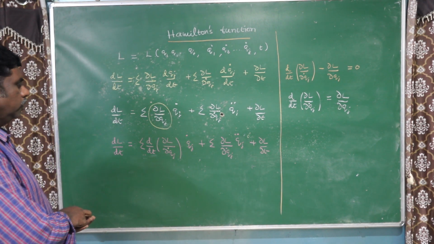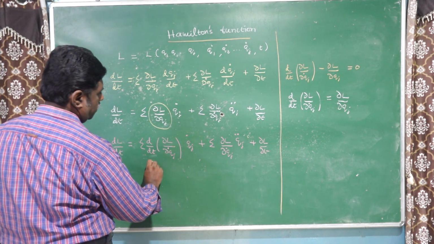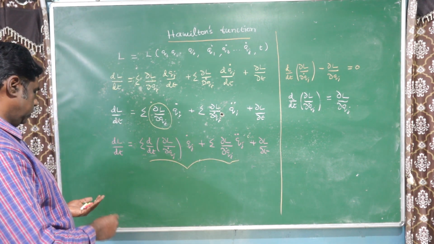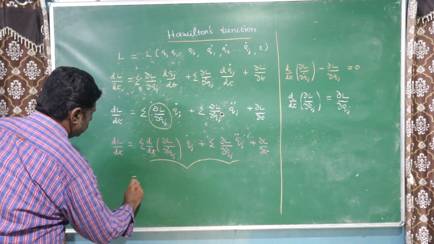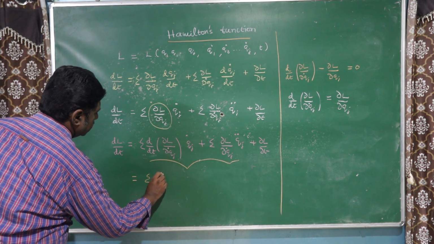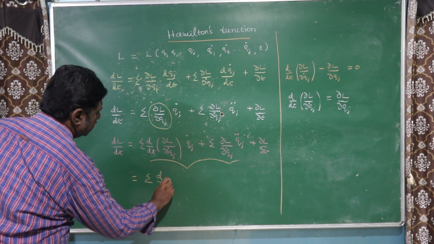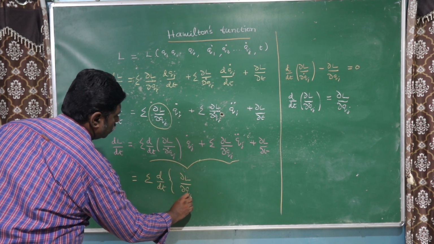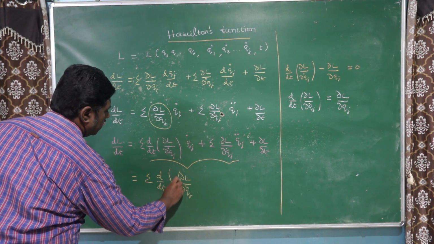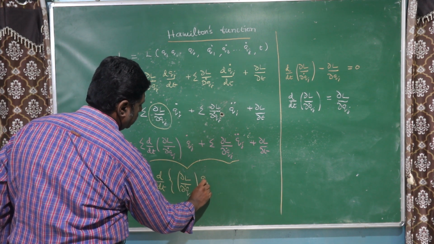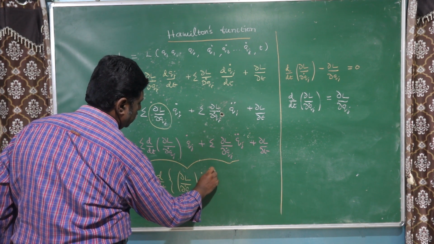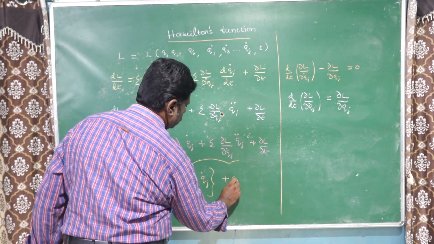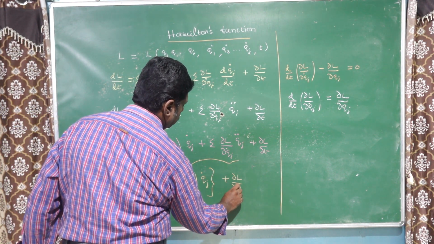Now we have to combine these two terms in terms of a single equation, which is equal to d by dt of ∂L by ∂qj dot into qj dot. Then write down this one plus ∂L by ∂t.